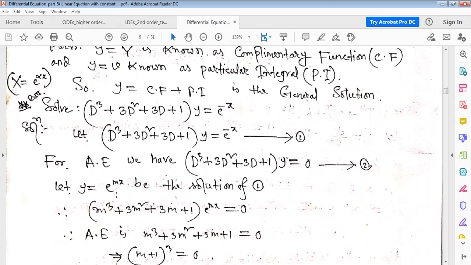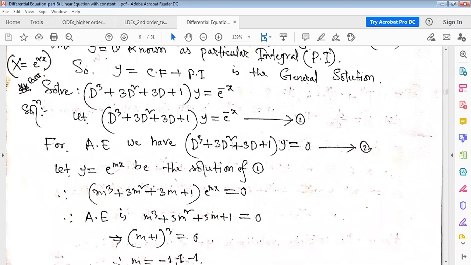Now let y equals e to the power mx be the trial solution for this auxiliary equation. If we take e to the power mx, then D cube gives m cube, 3D square gives 3m square, 3D gives 3m, plus 1, and the common factor e to the power mx will be 0.